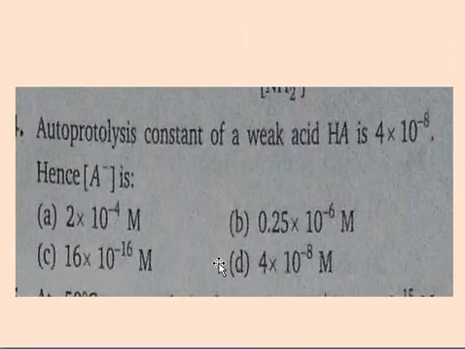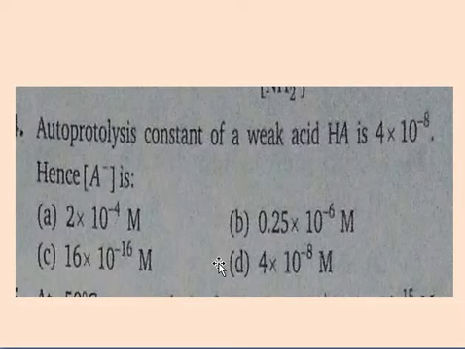The next question: the autoprotolysis constant for weak acid HA is 4 into 10 raised to minus 8. Hence, the concentration of A minus is, there are 4 options.